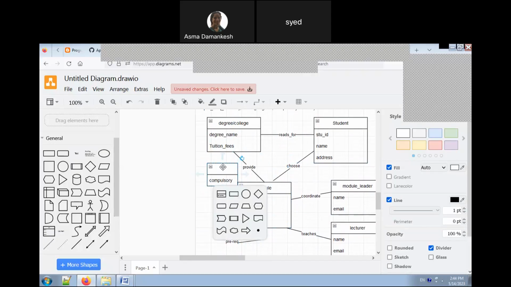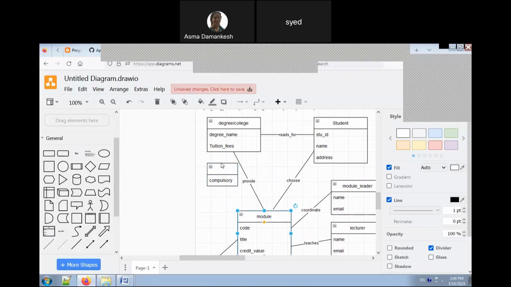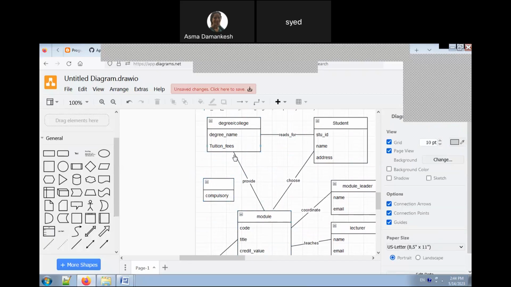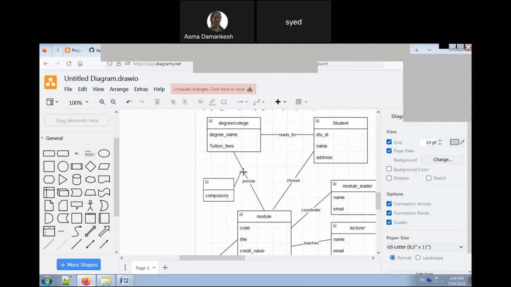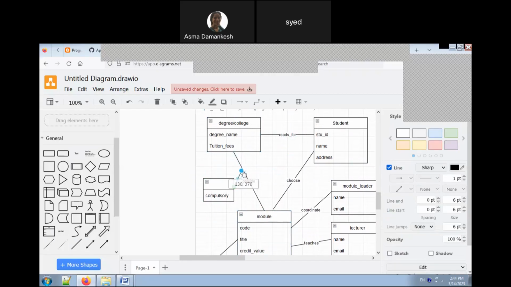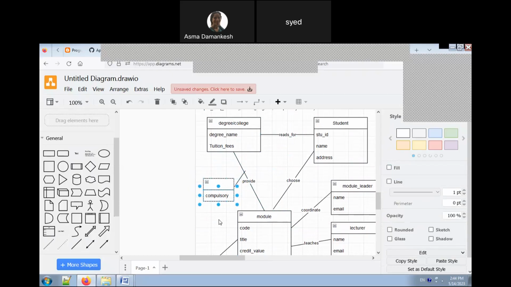Okay, so only by knowing the program and only by knowing the module, that means only if this relation happens, if the college is providing that module, only then I would know if it's compulsory or not, isn't it? Otherwise, I would not know, because this relation has to exist for me to decide if it's a compulsory thing or not.